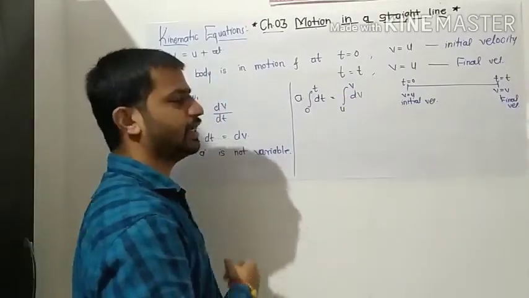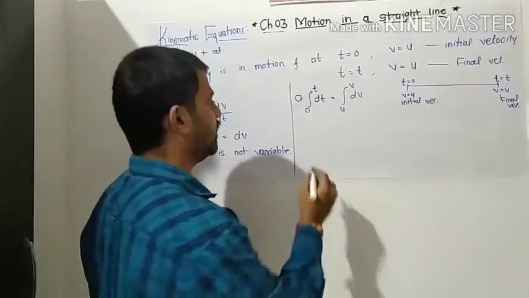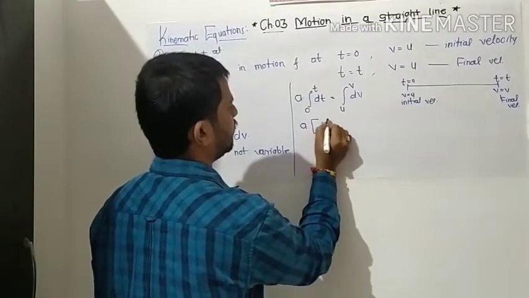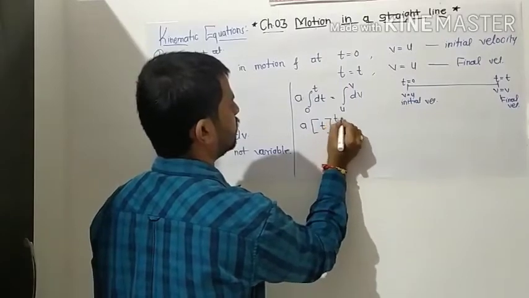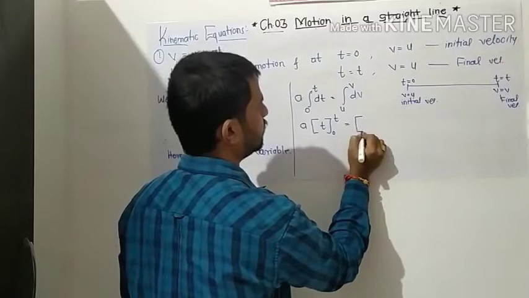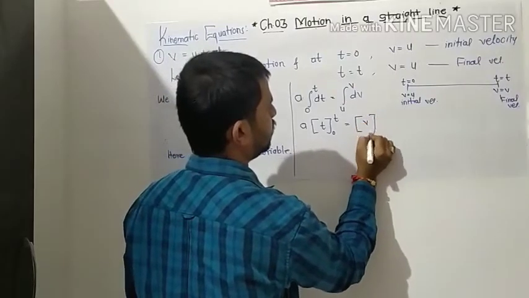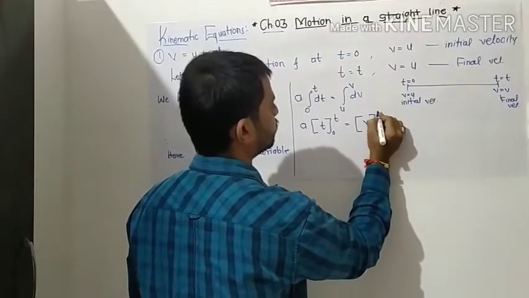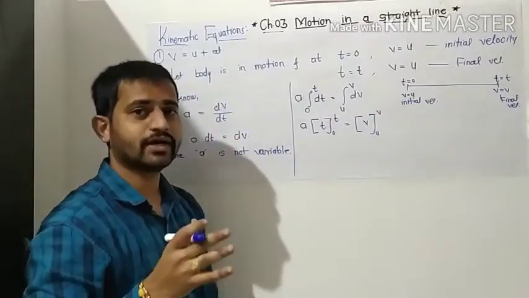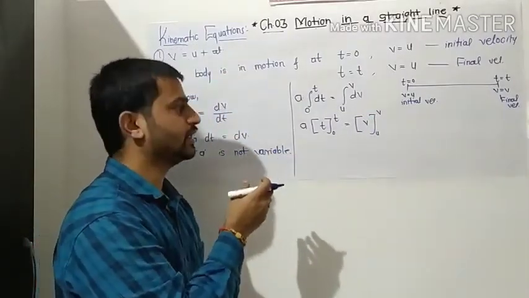Then we can take the integration: a is constant, integration of dt is t, with t from 0 to t, is equal to the integration of dv, that is v, from u to v. Now we have taken the integration and also written the limits.